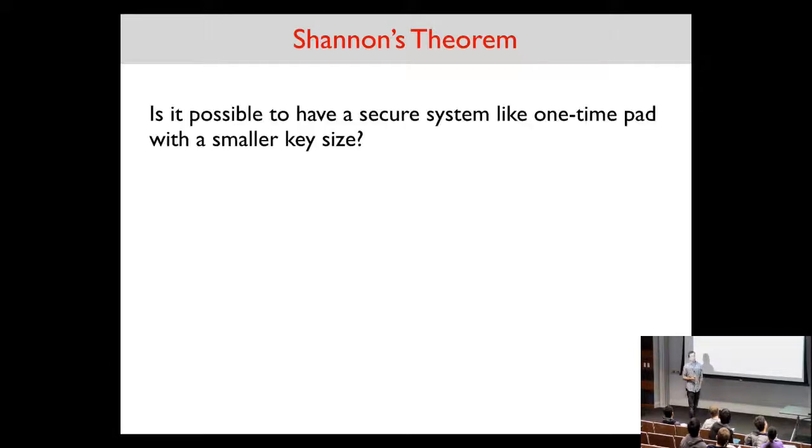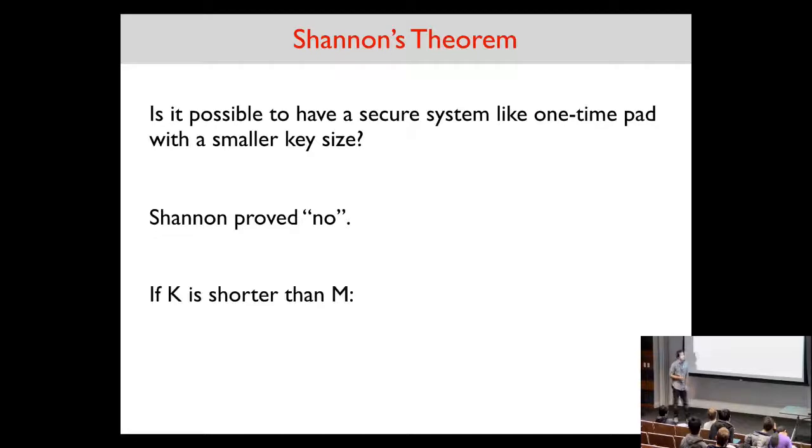And then there's a very important theorem here in this context, Shannon's theorem. You can ask, is it possible to have a secure system like one-time pad that doesn't use a key size that's as big as the message itself? For these kinds of things to be practical, you want the key to be as small as possible.